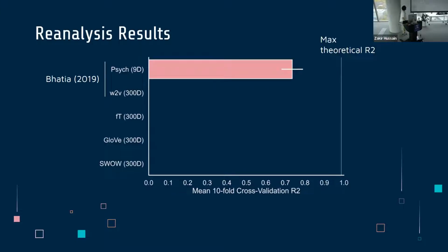And here we have the psychometric model's performance, which is explaining around 73% of the variance. It's pretty good. The error bar is a 95% confidence interval, adjusted for the fact that there is some dependence between samples when you're doing things like cross-validation.